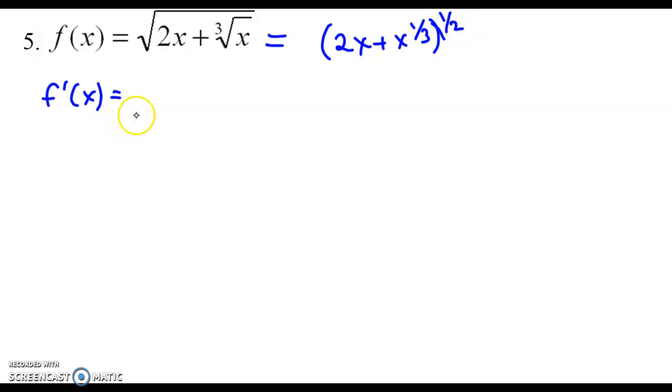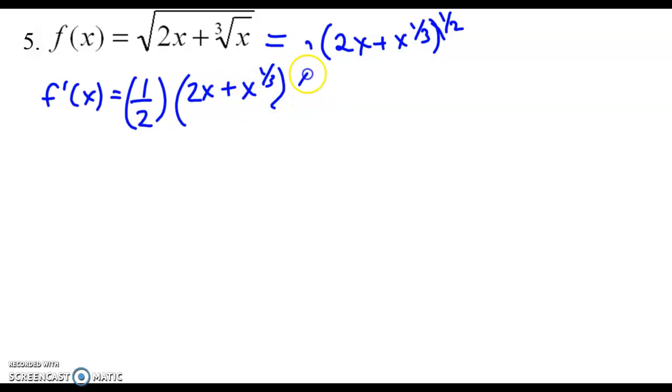So then if we're going to use the chain rule to differentiate this, we've got no coefficient in front, so the exponent comes down, that's the half, multiplied by that binomial within the brackets, multiplied by the derivative within the brackets, so 2 times x to the power of 0, which is just 1, plus 1/3 comes down, x to the power of 1/3 minus 1, or, sorry, 3/3.